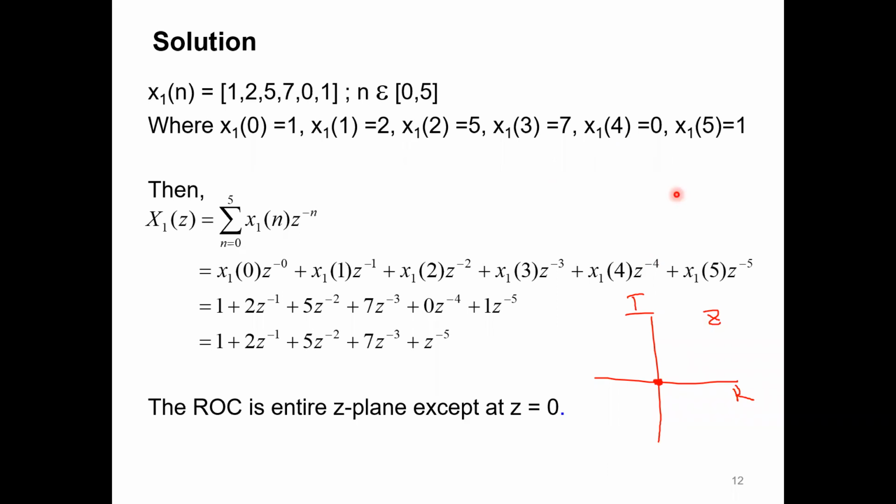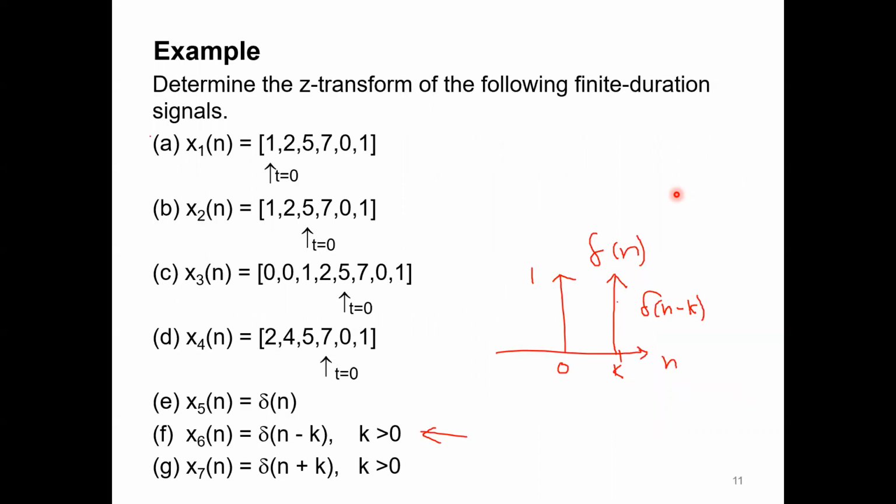Any questions? Now, are you able to calculate the other Z transforms? Take the second one, please. Start working on the second one, x2n.